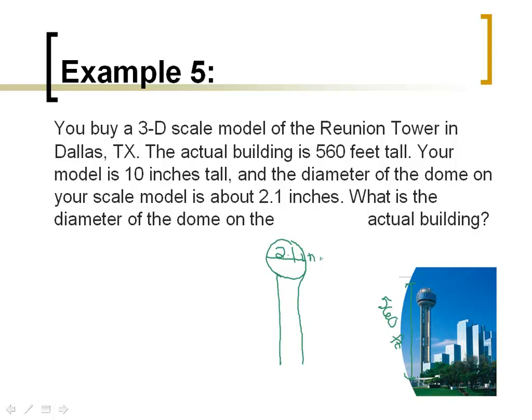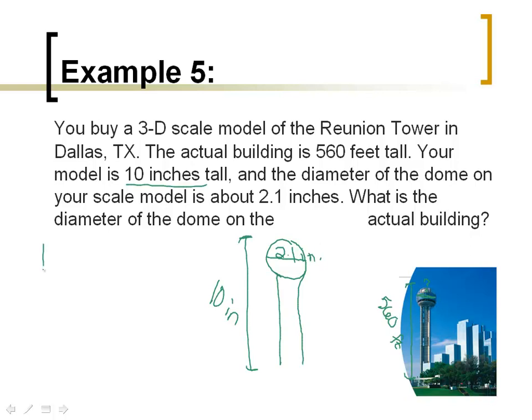Somehow missed this. I'm looking at it thinking I have one piece of information from both pictures. That's not enough. But it says your model is 10 inches tall. So I know this height right here of my model is 10 inches. Question: what's the diameter of the dome in the actual building? So we're looking for this diameter right here. So hey, let's do what we've been doing all along. Let's set up a proportion.